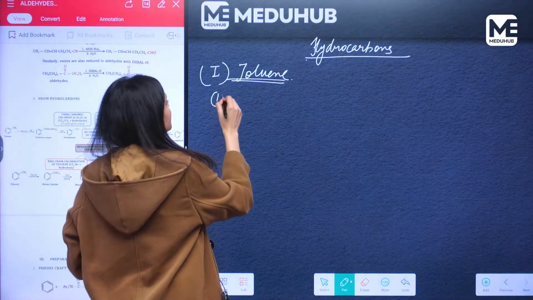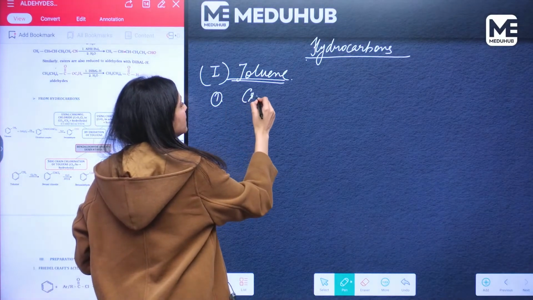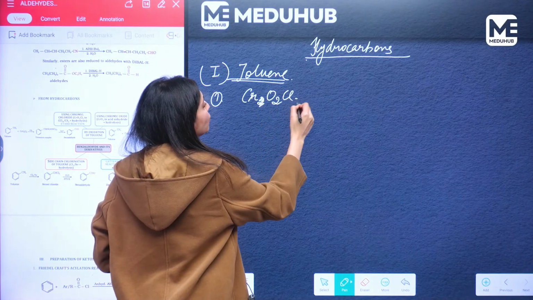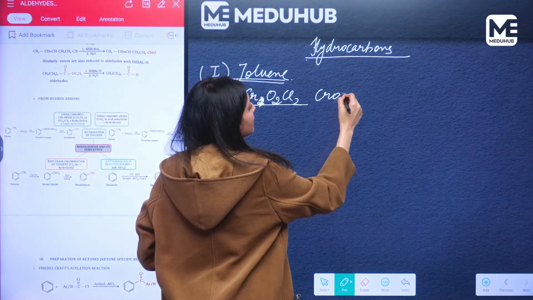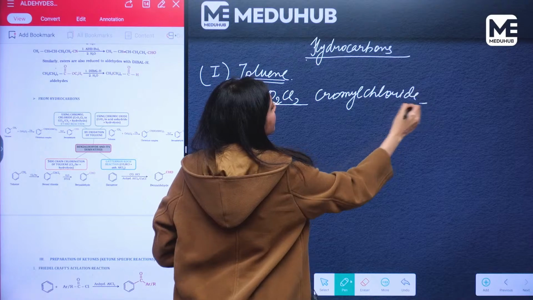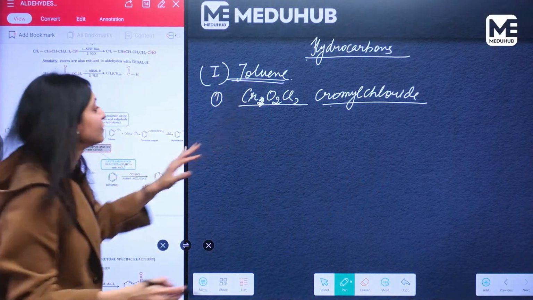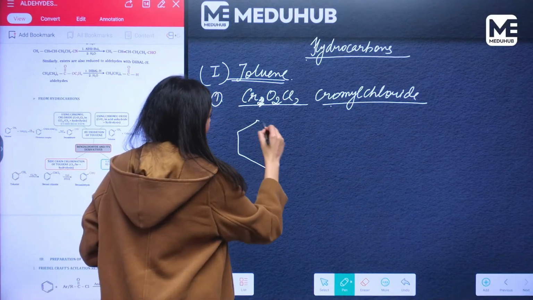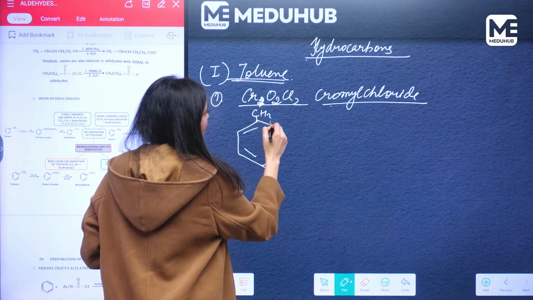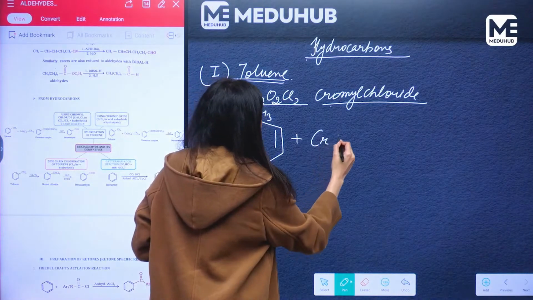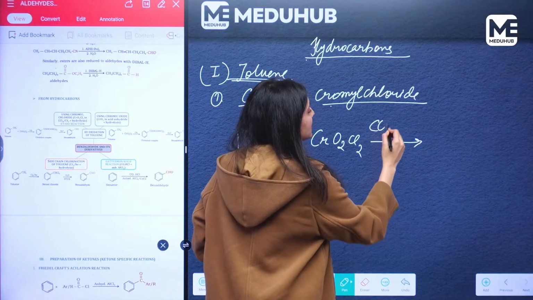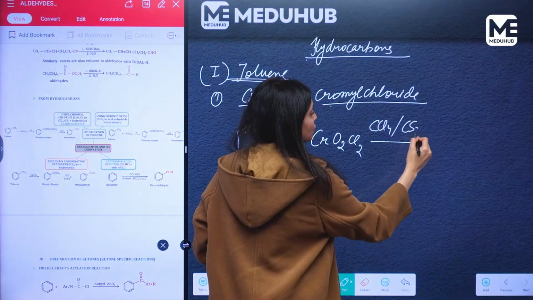The first reagent here is chromyl chloride, CrO2Cl2. Oxidation of toluene using chromyl chloride proceeds like this: CH3, CrO2Cl2. We use a solvent like CCl4 or CS2.